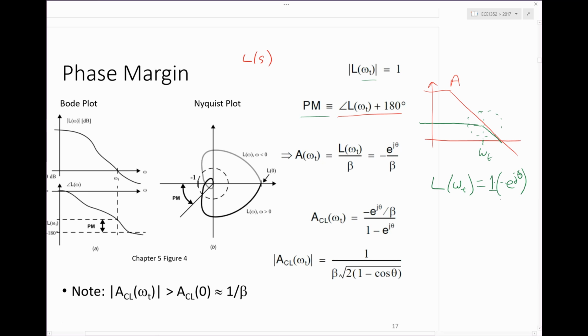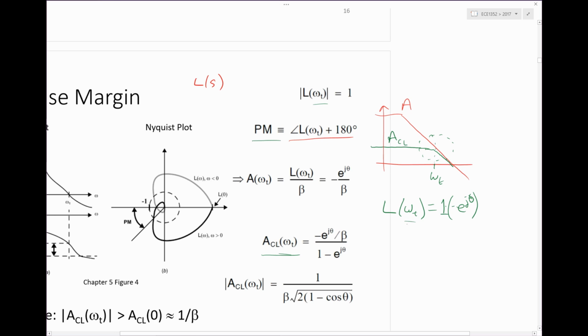That's just by definition of phase margin and unity gain frequency. That's exact. So if I want to find the actual closed loop response, this green line, evaluated at the unity gain frequency omega t, it's no problem. I just plug L into our expression, 1 over beta times L over 1 plus L, and I end up with this over here.